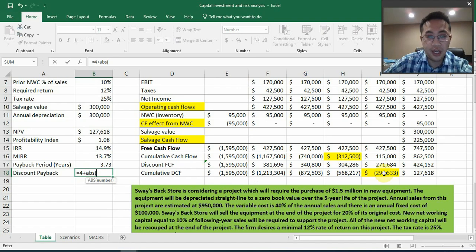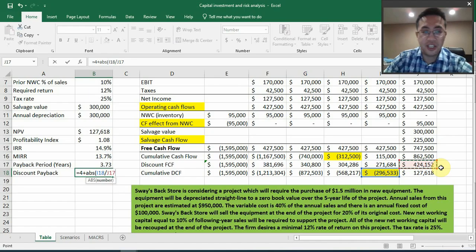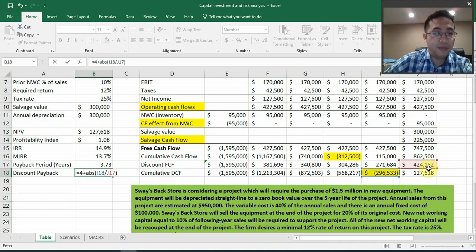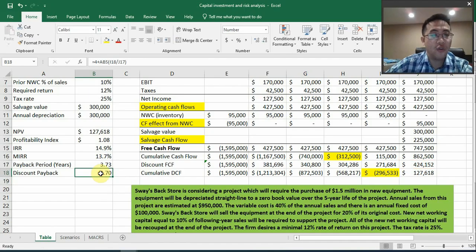It is the ending balance or the deficit at the end of the 4th year divided by the money you make in the 5th year at the discounted level, of course. And be careful, you're going to put it in an absolute value, because if you don't, the number is going to turn out negative, and you want the ratio to be a positive number. Okay, that's 4.7.